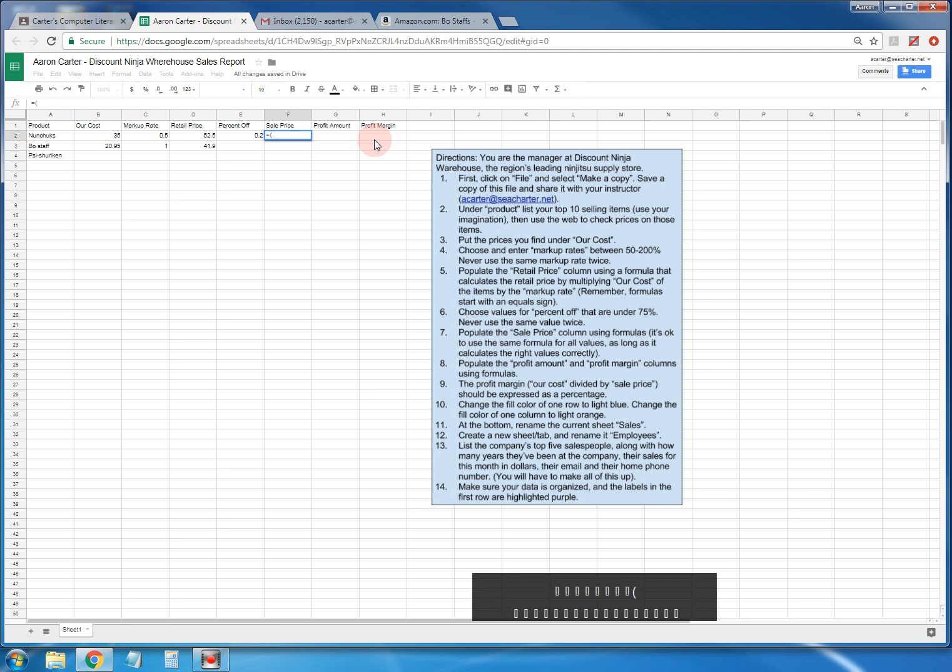Sale price equals, the retail price is at D2. So D2 minus D2 times, now I could put 0.2 here, but is the percent off always going to be 20%?